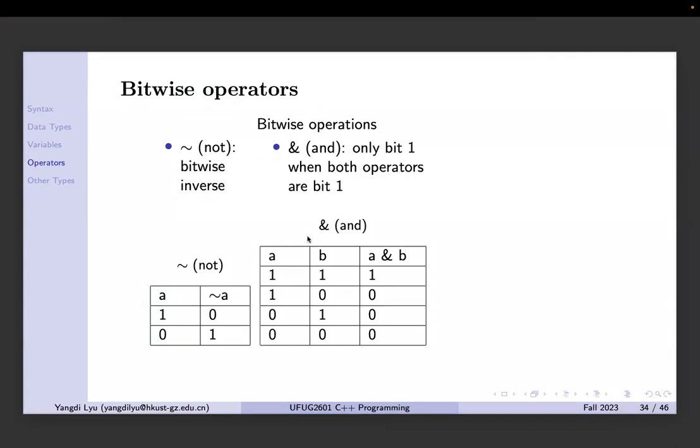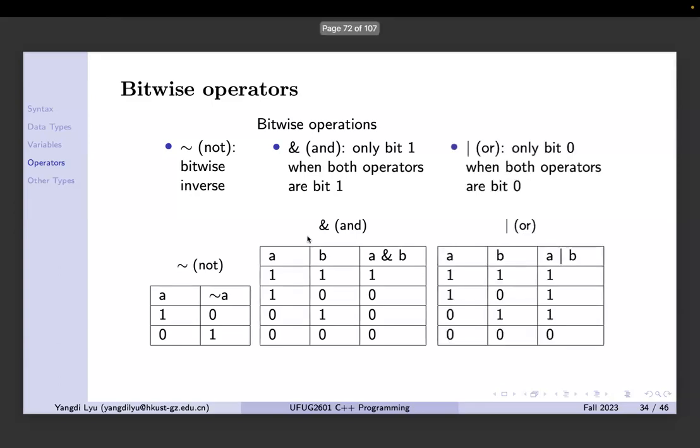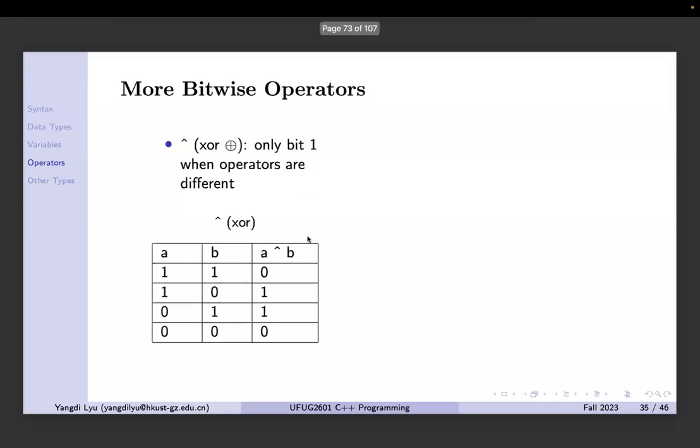So if it's bitwise AND, still you can think of 1 as true, 0 as false. The tables are exactly the same as the previous one. So it's 1 only when both of them are 1. And the OR is only 0 when both of them are 0. So that's basically the same. You don't need to spend too much time on it.